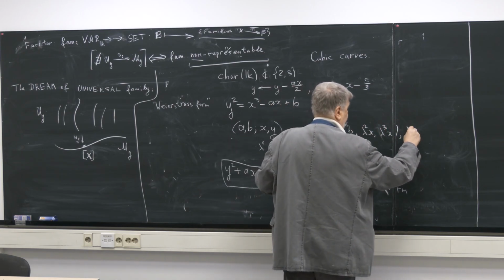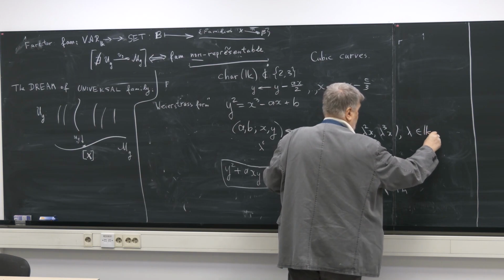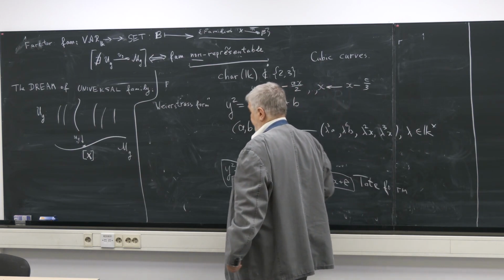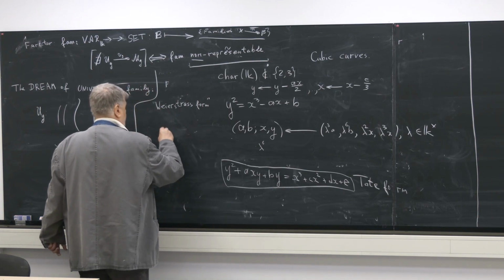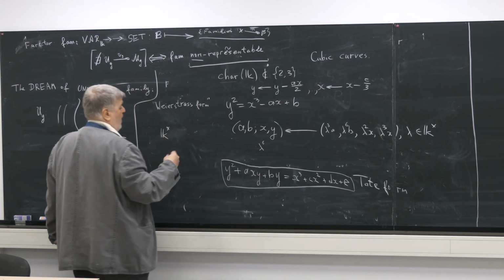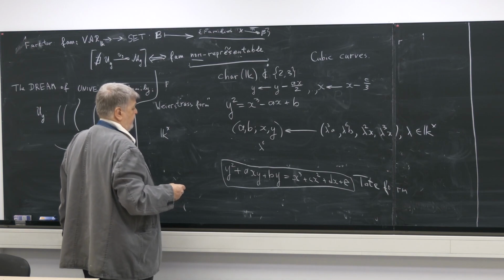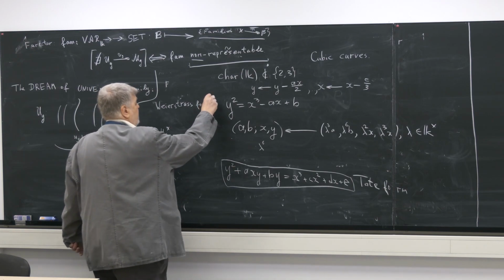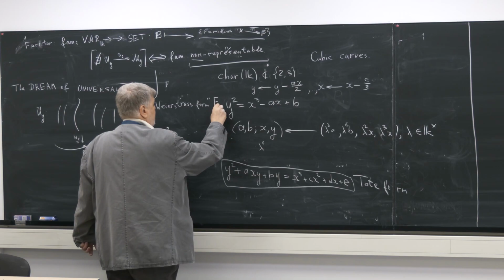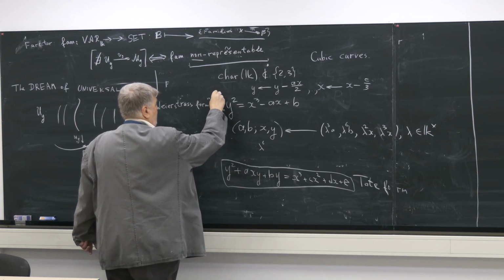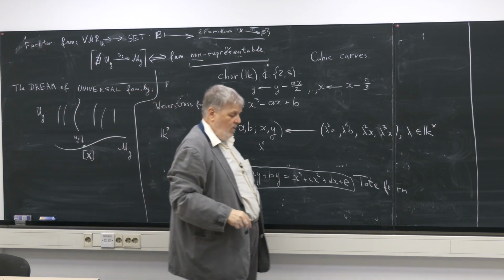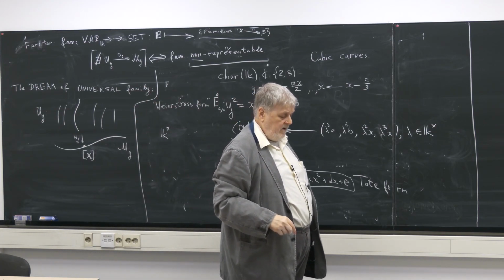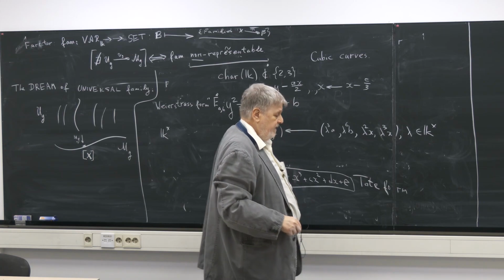Where lambda is a multiplicative parameter, or in other words, in k star, it is almost a moduli space. That's denoted A, B punctured, because there is exactly one point at infinity on this curve.